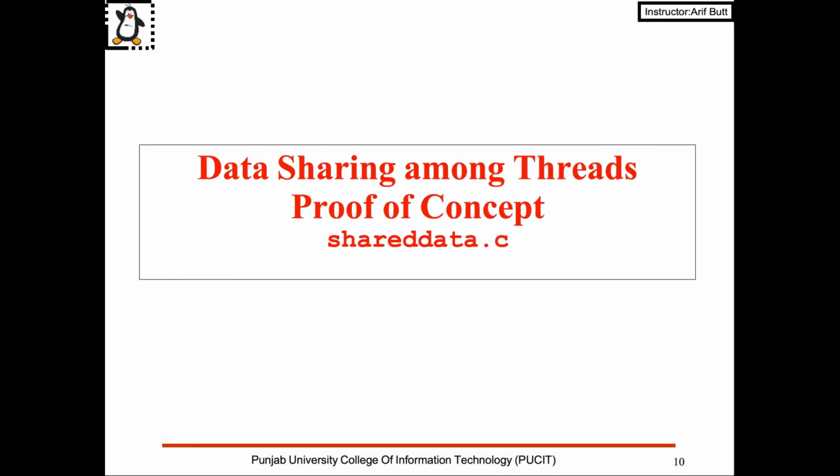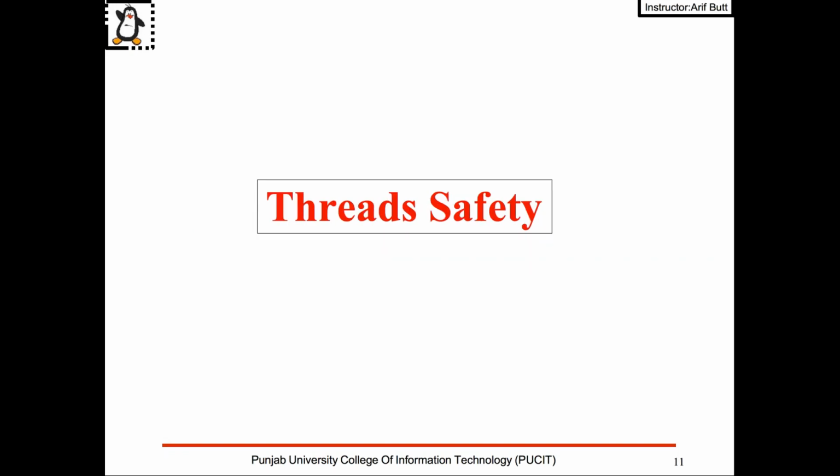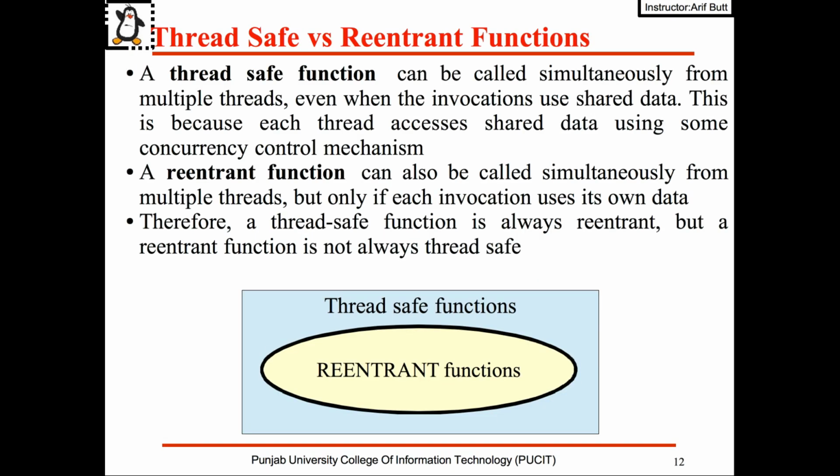Let me talk about thread safety as well. Okay, so there are two flavors of functions you must remember and you will come across while coding concurrent programs, and they are thread safe functions and reentrant functions.